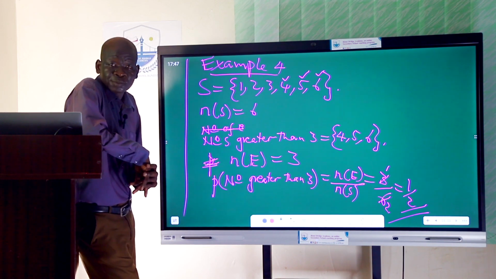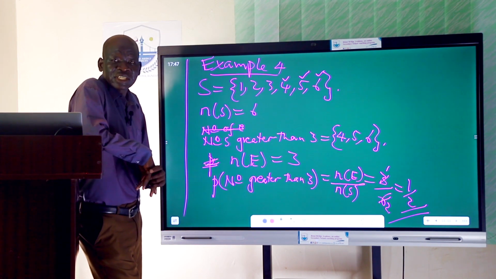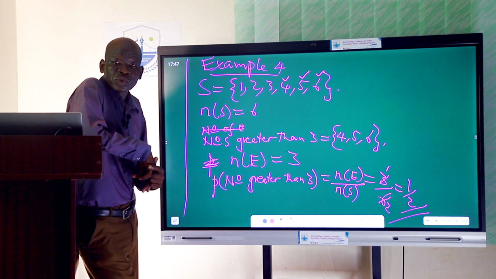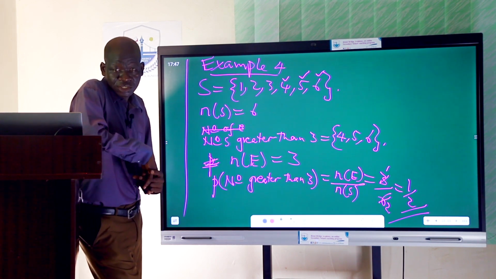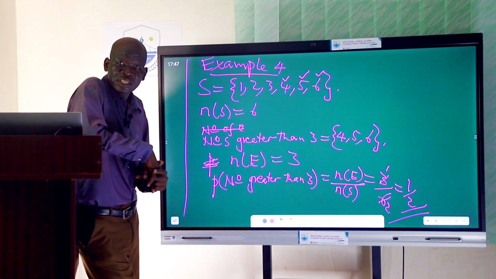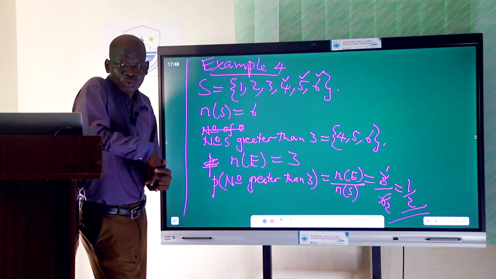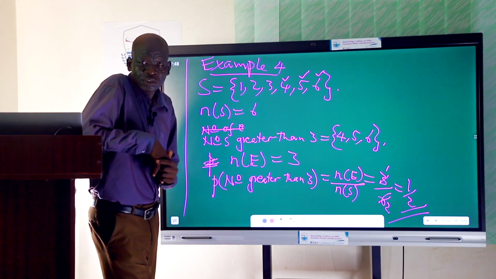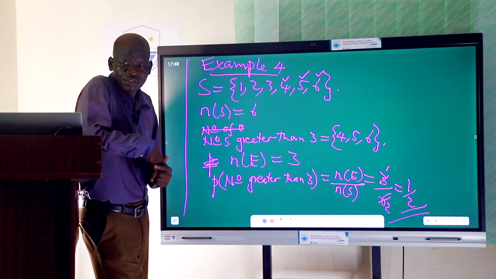For example, you may be asked that given that today is Monday, what is the probability that tomorrow it will be Thursday? Automatically, the answer is 0. Why? Because if today is Monday, tomorrow it cannot be Thursday. So that is an impossible event.